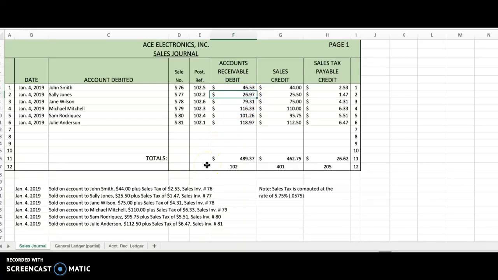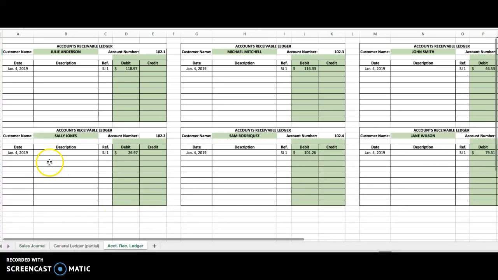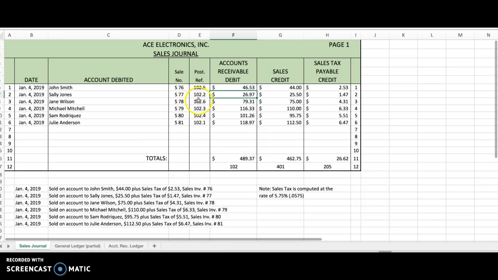Likewise, in Sally Jones, she owes us a total of $25.50 plus $1.47 sales tax, and that will go into her account. And we'll find her account, Sally Jones, the date, reference, and the fact that she now owes us the $25.50 plus the sales tax, owes us a total of $26.97. So that's how that works. We just keep going down.